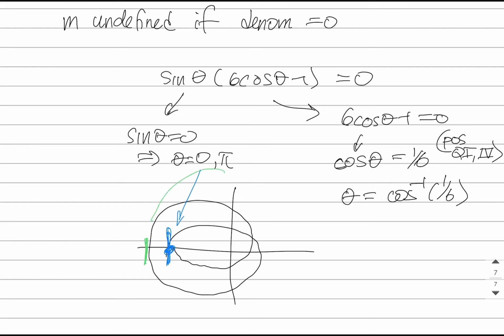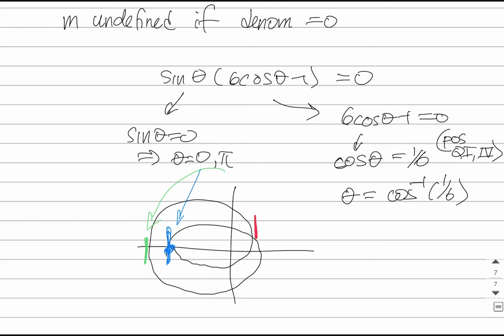So that's right there. When I spin for these two, I should have one here and one there. And one of these angles corresponds to quadrant 1, and the other one corresponds to quadrant 4. So there's the quadrant 4 angle, and there's the quadrant 1 angle.